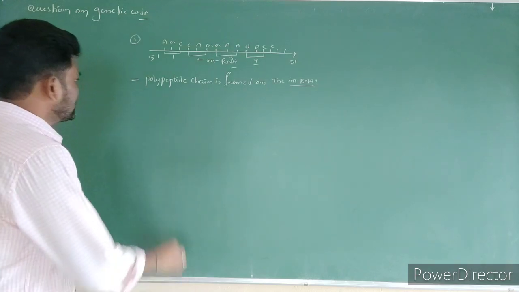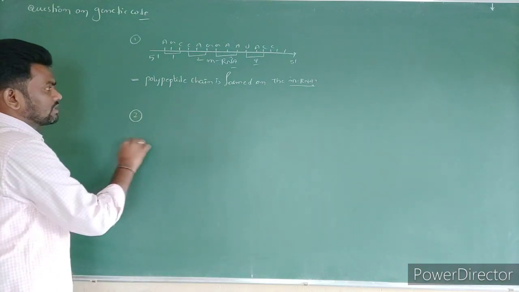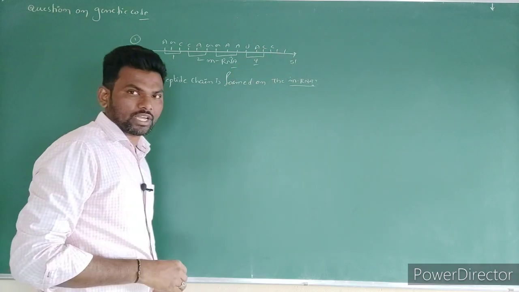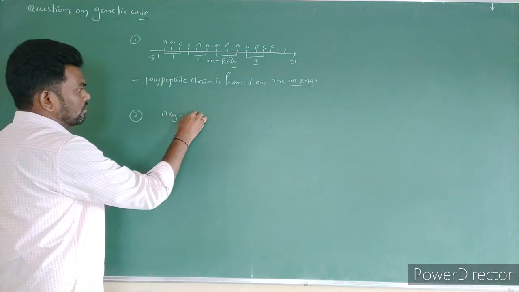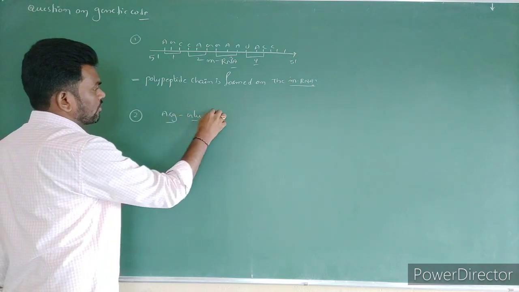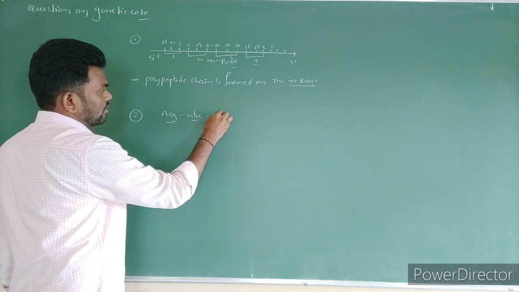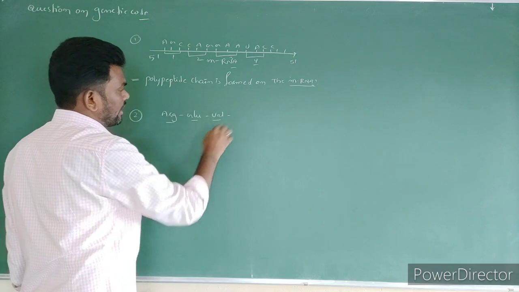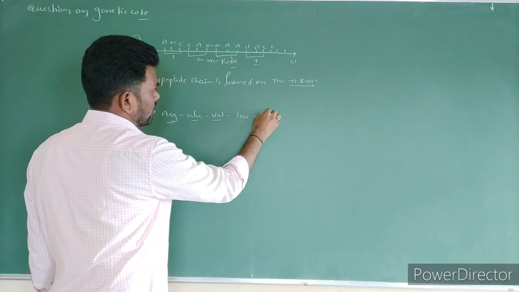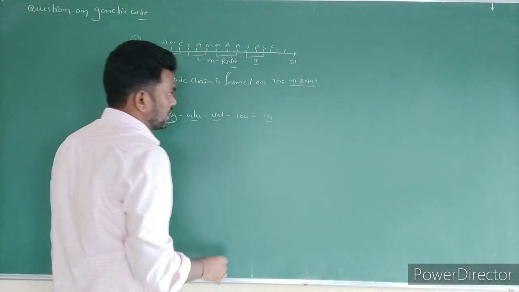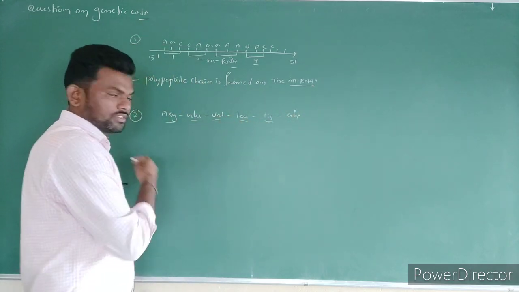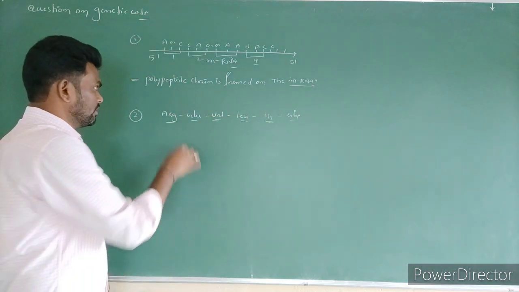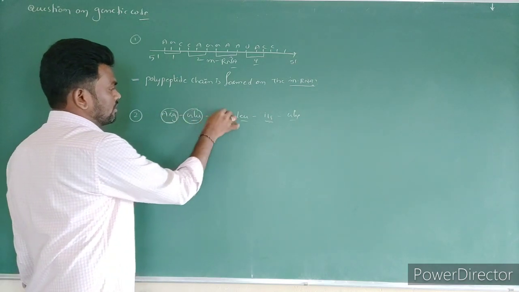The second type of question is where one long polypeptide chain is given, for example ARG, GLU, VAL, and so on.